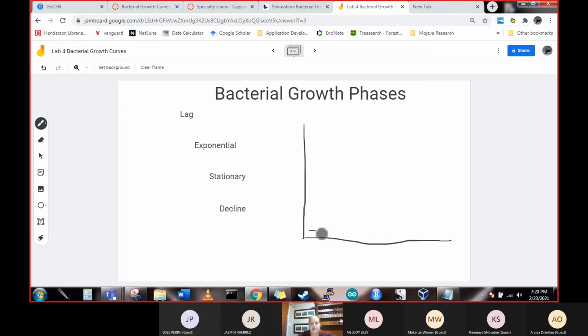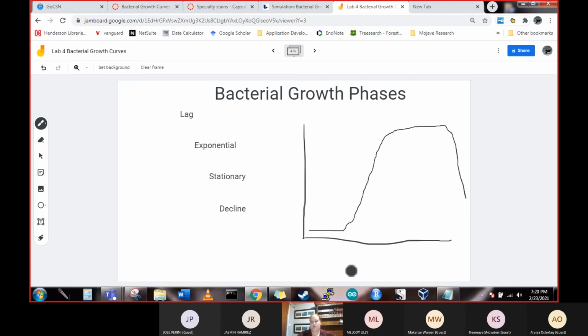So when bacteria grow, they kind of look something like this. There's a lag, there's exponential growth, where they're multiplying by 2s because they're going through binary fission. There's going to be a stationary phase where they stop growing, and then eventually there will be a decline.